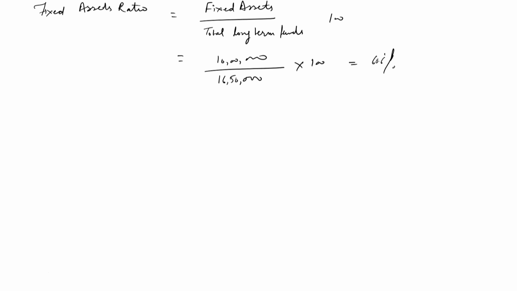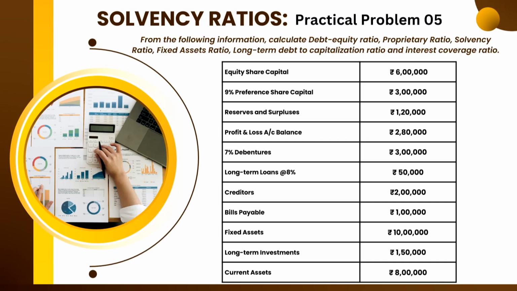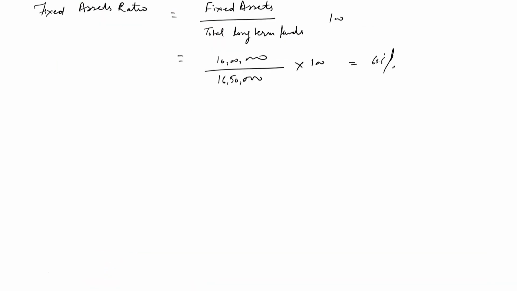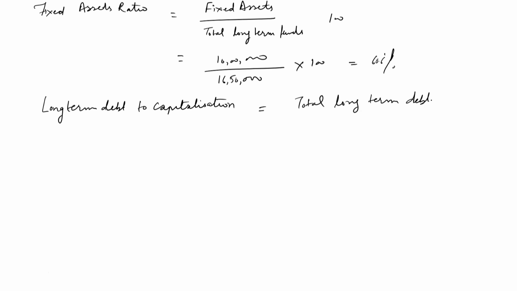Moving to the next part of the same question, we have to calculate the long-term debt to capitalization ratio. The formula is long-term debt to capitalization is equal to total long-term debts, or I can say the long-term liabilities, divided by the total capitalization of the company.